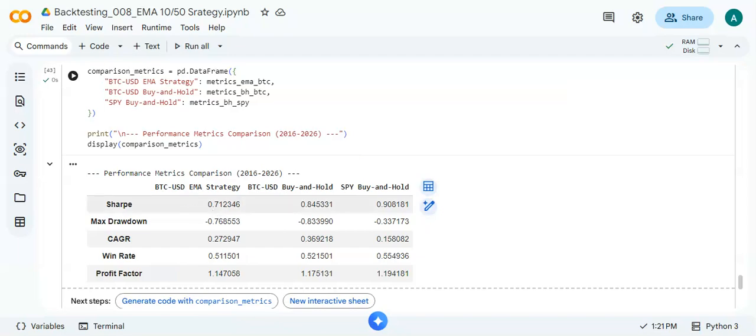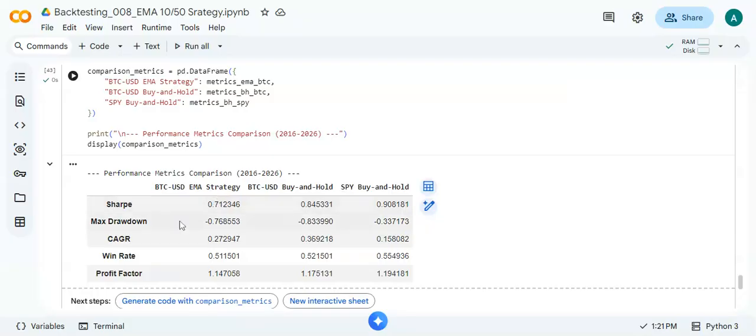Here, for example, as you can see, the Sharpe winner is clearly S&P 500 buy and hold. So it's closer to 0.90. So in terms of risk reward approach, S&P 500 is better relative to the exponential moving average buy and sell.